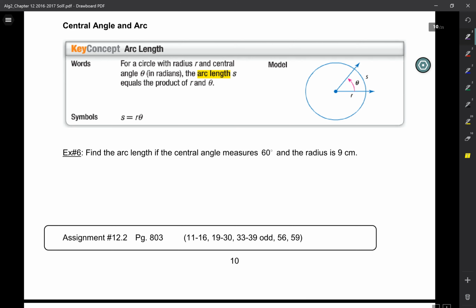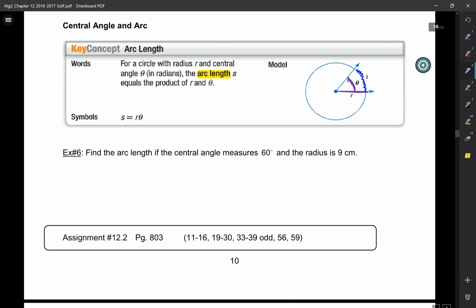So we sort of touched on this. If you're given the radius of a circle and the angle, remember how we said the way to find the radian measure of the angle is to take the ratio of the arc length over the radius?